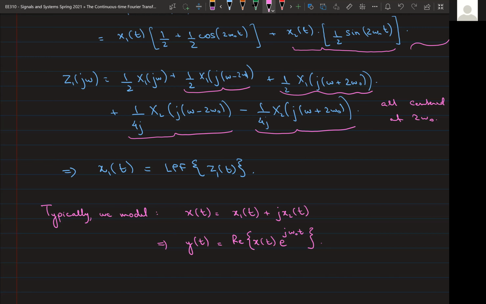Sir, you said that in the real world we only have real signals. So how is this signal going to exist? How is this imaginary signal going to exist when we are transmitting it? Well, complex signals are a mathematical construction, which makes our analysis a lot easier compared to the case when we were only dealing with real signals.